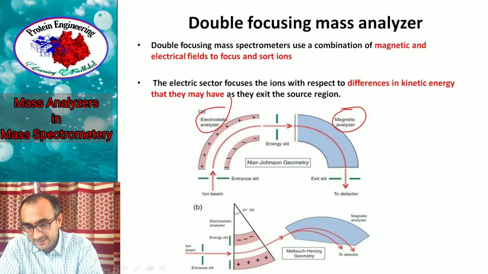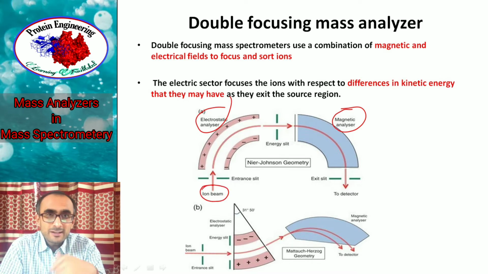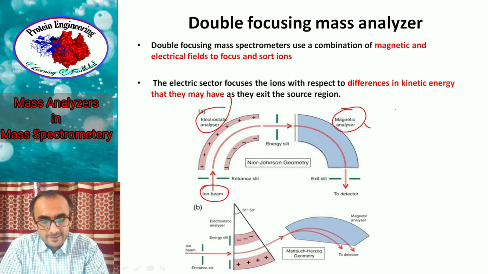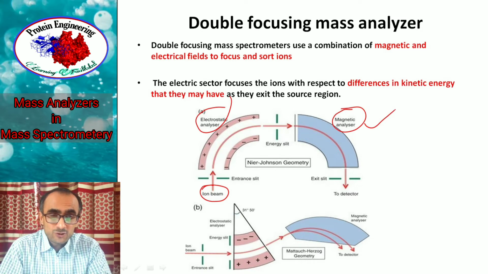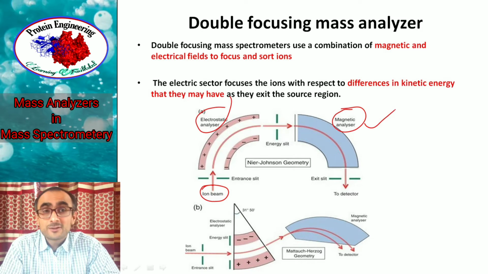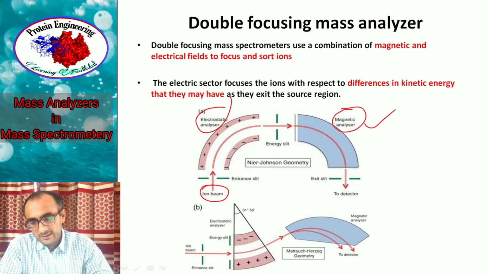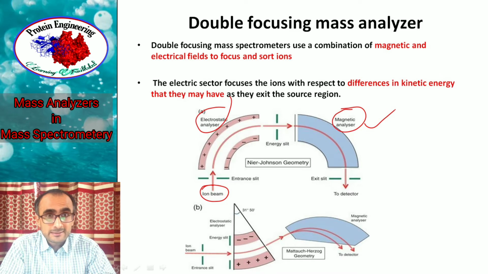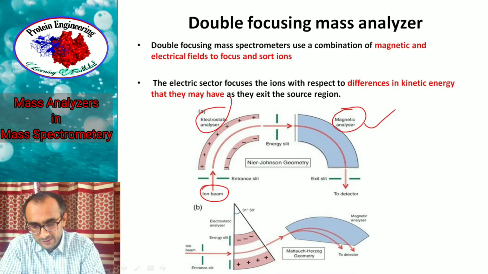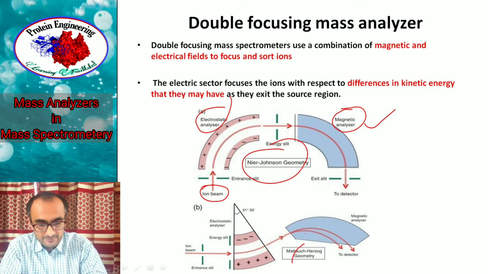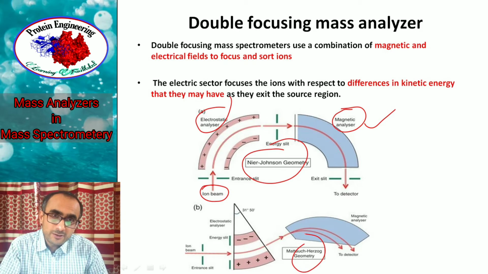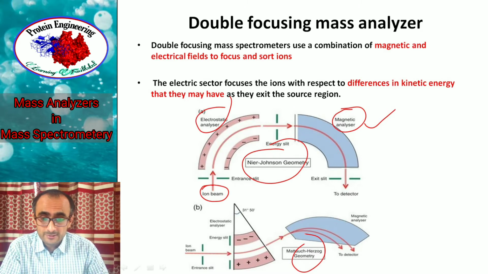Based on their kinetic energy, the electrostatic analyzer focuses them, and then the magnetic analyzer sorts them on the basis of their deflection, that is, their m by z values. Depending on the geometry of these electrostatic and magnetic analyzers, they are of two types. You call them Nier-Johnson geometry and Mattauch-Herzog geometry. They give better resolution than magnetic sector alone.